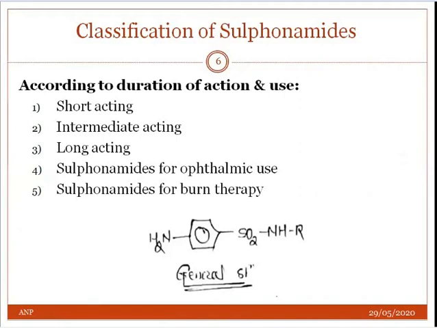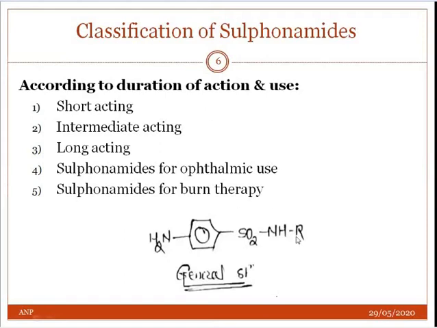But when you replace one or both of the hydrogens by any substitution, the name of that compound becomes sulfonamide. That comes under the class sulfonamide. Sulfonamide is the class, and all sulfonamides are derivatives of sulfanilamide.